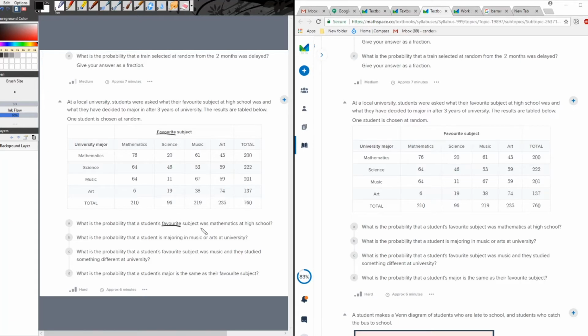So that means we are looking for this mathematics here because we're after the favorite subject. Because favorite is here. So this here would be the total number of people who liked mathematics as their favorite subject. And so this would just be 210 out of 760.